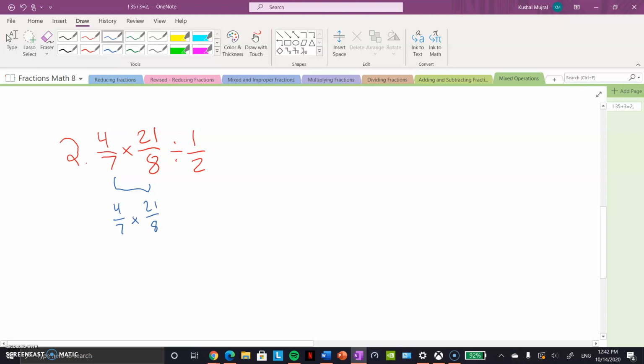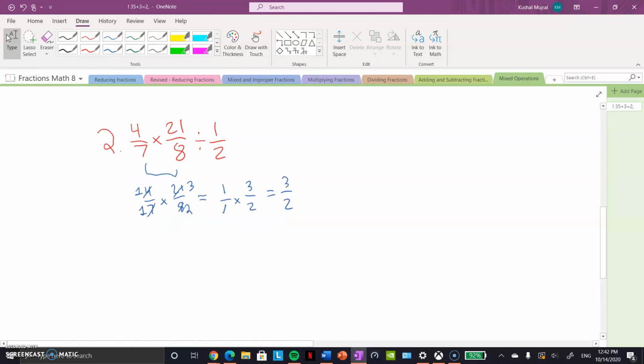And if you remember cross-reducing, you can reduce this to a 1 and this to a 3, right? Because 7 goes into 7 one time, and 7 goes into 21 3 times. Then you can reduce this to a 1 and this to a 2, because 4 goes into 4 one time and into 8 2 times. So this becomes 1 over 1 times 3 over 2, which is 3 over 2.